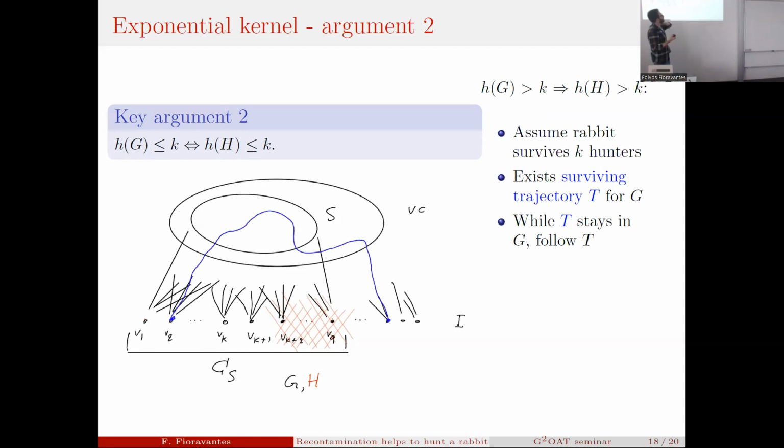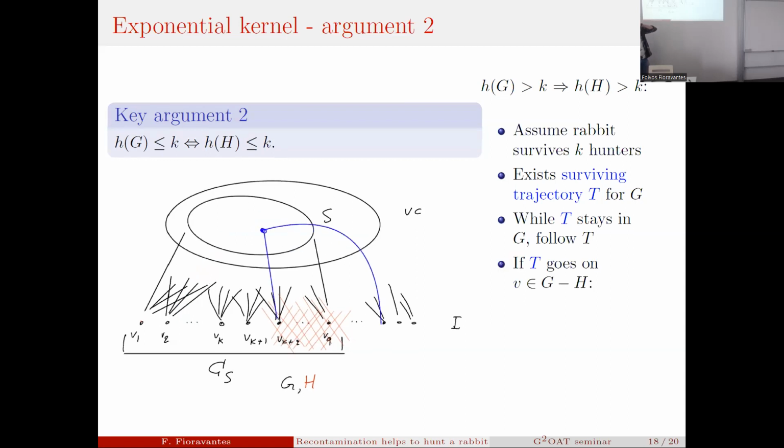It means that there is a trajectory in G, which at the end finds the rabbit somewhere alive. Now, while this trajectory stays in H as well, we do the same thing. There's no problem.